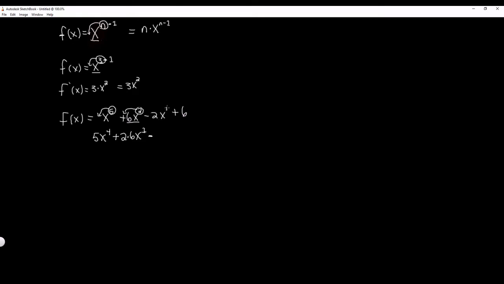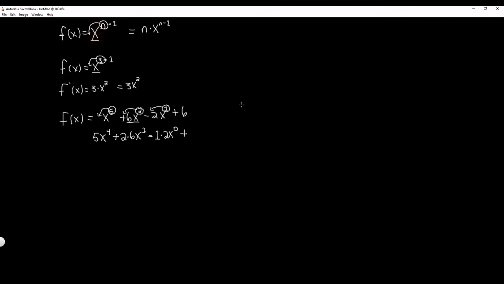This x has an implied first power here, so if we take the first power and move it to the front and multiply it by our function, this will be 1 times 2x, and then if we subtract 1 from 1, our new exponent will be the 0th power, plus, and then the derivative of any constant is 0.